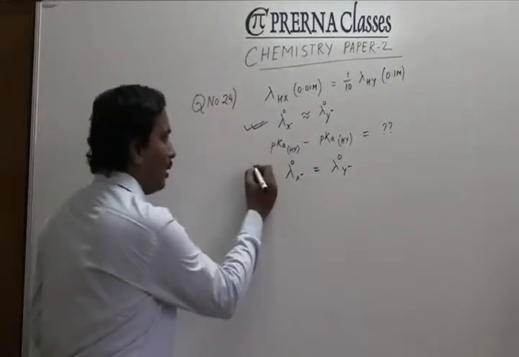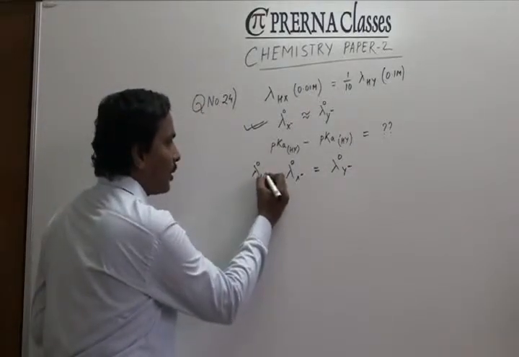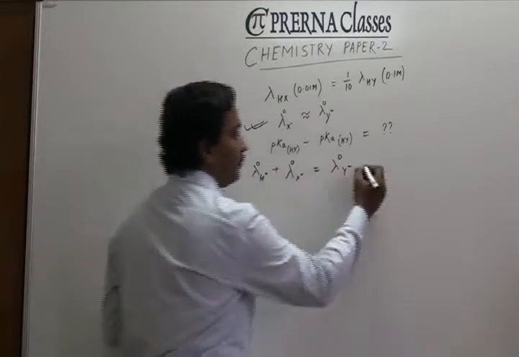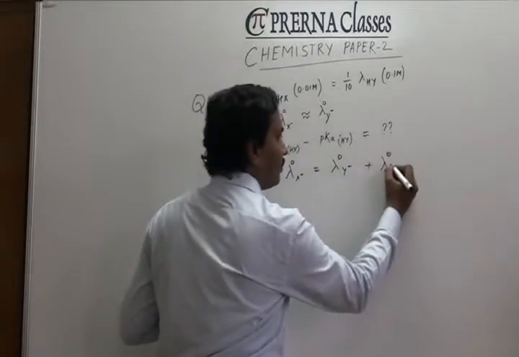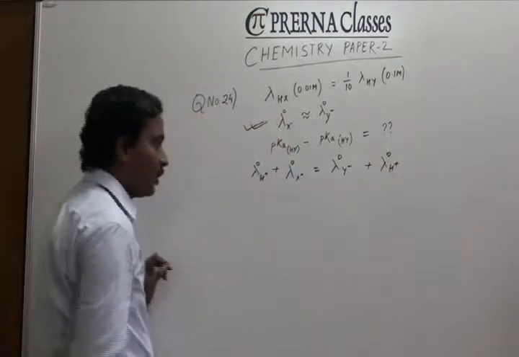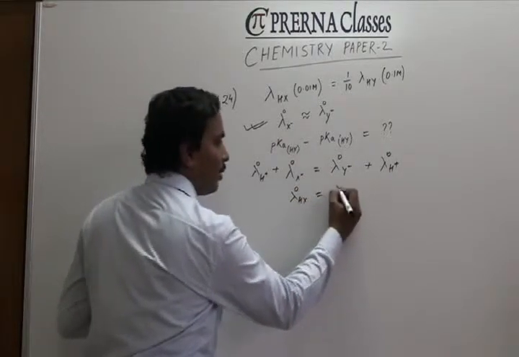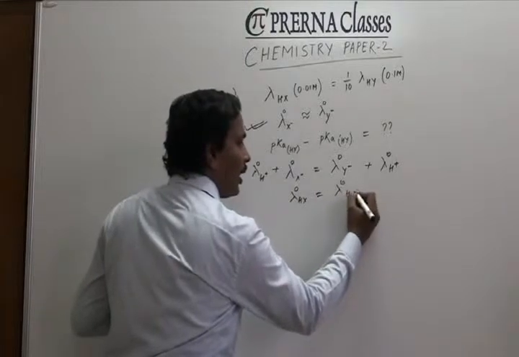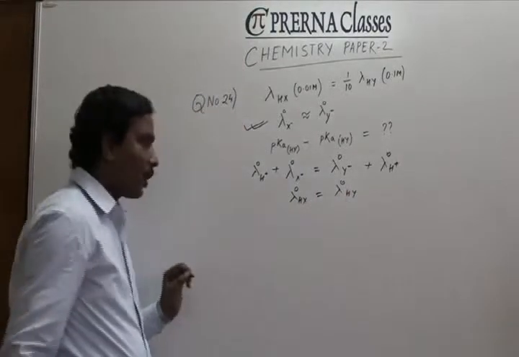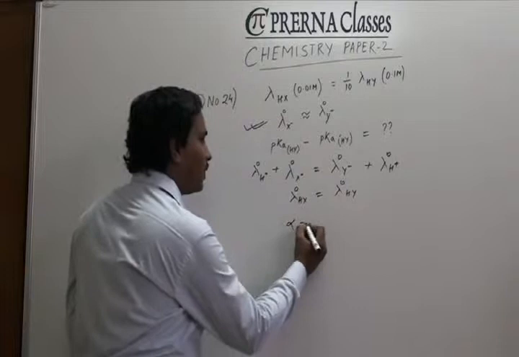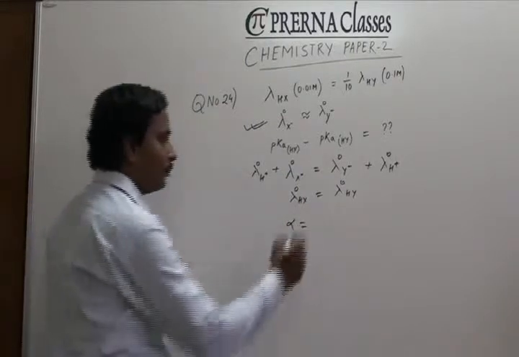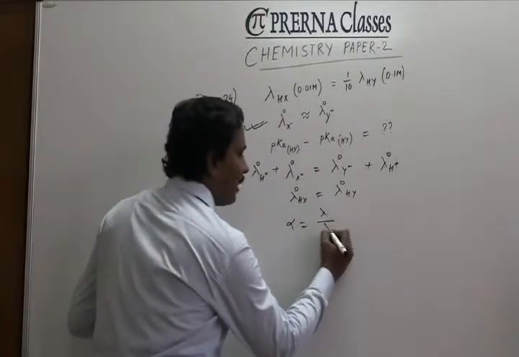if we add lambda naught of H plus on both sides, that should be equal: lambda naught of HX is equal to lambda naught of HY, and we know that degree of dissociation is equal to lambda by lambda naught.